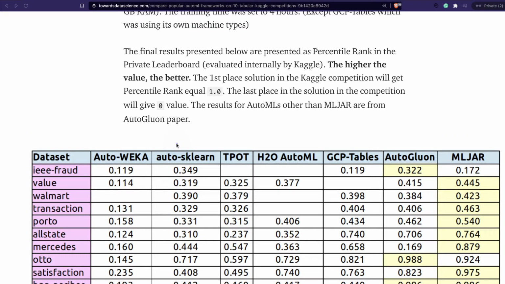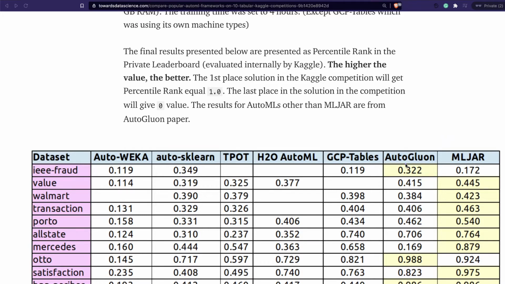And how do you read this result? The score that you see is actually a percentile rank score. What does it mean? If you imagine there are 1,000 people who participated in a competition, whoever gets 1.0 as a score has the best solution, and that's the first rank.